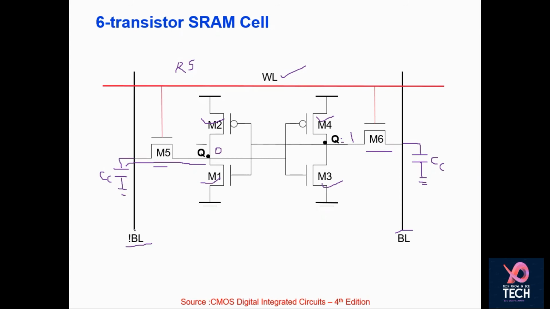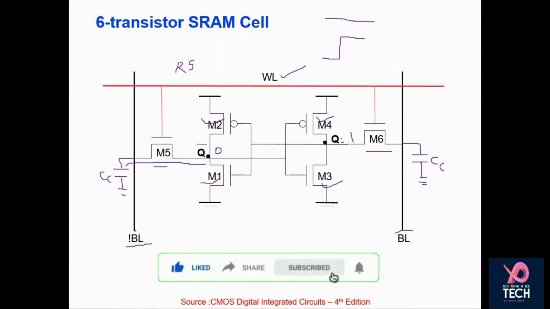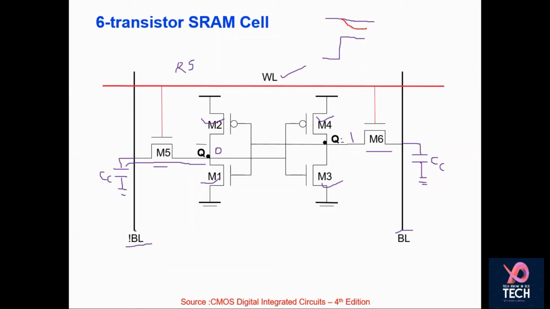Suppose you have a bit line like this, and when the read operation happens, this is the normal thing we expect. When this signal is there, the bit line fluctuates. What is the reason for this fluctuation? This is 0.